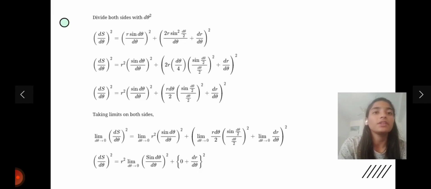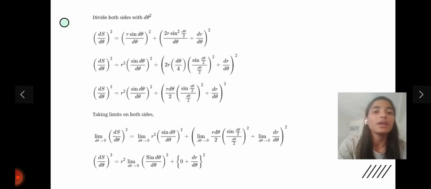Divide both sides by d theta square. ds by d theta whole square is equal to r sin d theta by d theta whole square plus 2 r sin square d theta by 2 by d theta plus dr by d theta whole square. ds by d theta whole square is equal to r square sin d theta by d theta whole square plus 2r into d theta by 4 into sin d theta by 2 by d theta by 2 whole square plus dr by d theta whole square.